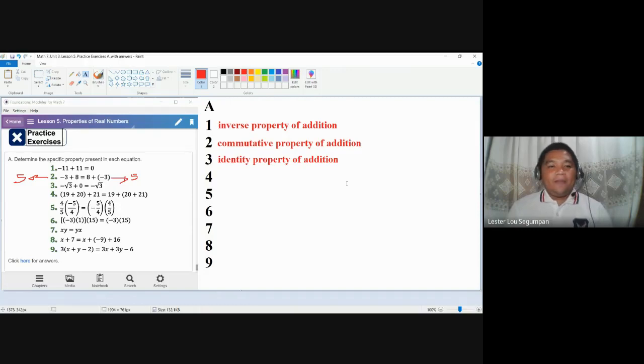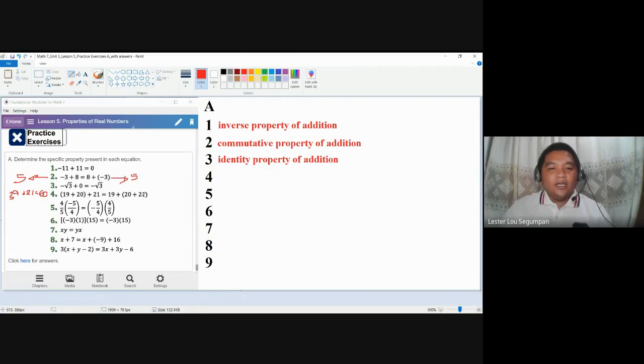Number 4 talks about the sum of 19 plus 20 to be added to 21 on your left-hand side, and on your right-hand side, 19 will be added to the sum of 20 and 21. The addends here are grouped differently. If we take the values, 19 plus 20 is 39, plus 21, you get 60.